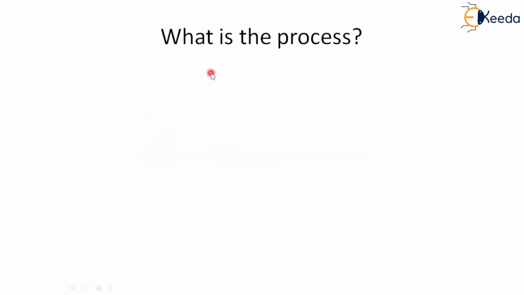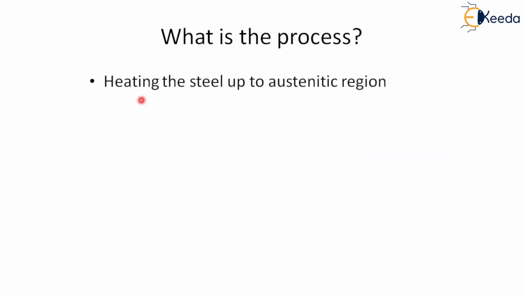And what is the process here? What are the main steps that we follow in our tempering? First of all, you have to take the steel and heat it until you reach the austenitic region. Let me clarify one particular point here.